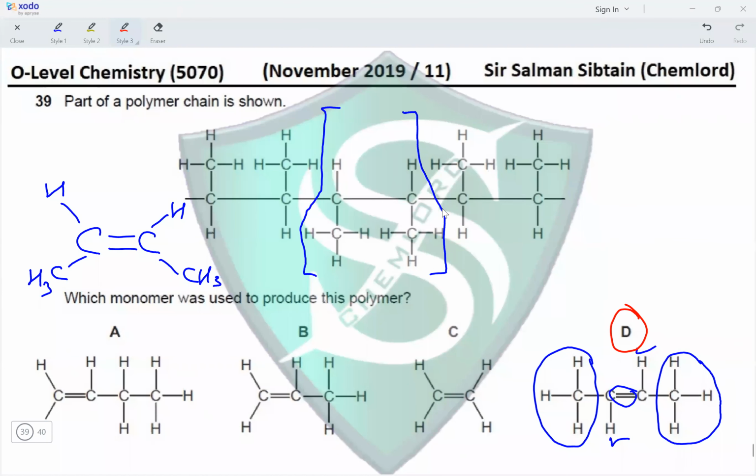We have easily eliminated options A, B, and C because in all of these options, the carbon atom has two hydrogens on it, right? So there is no CH3 on one of the carbon atoms present. So automatically we have eliminated these, and D, having a CH3 on both the carbon atoms with a double bond, can easily be selected here.